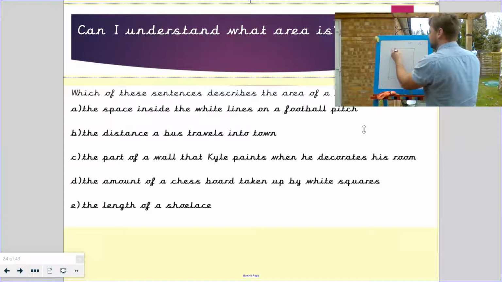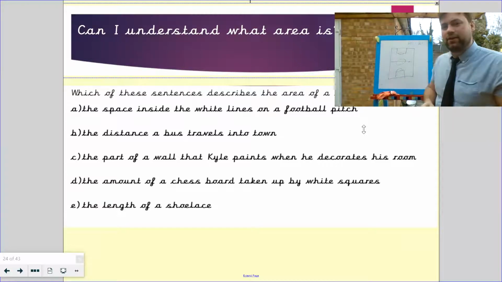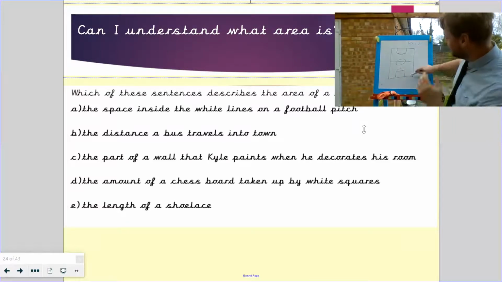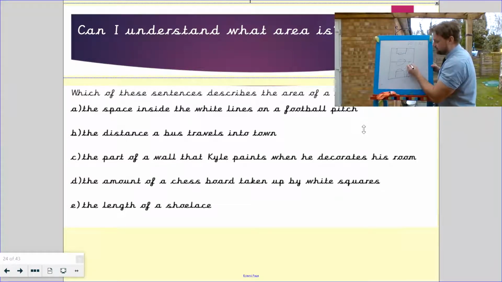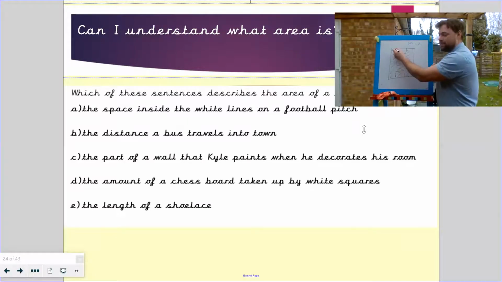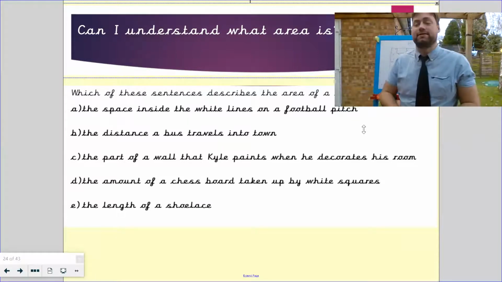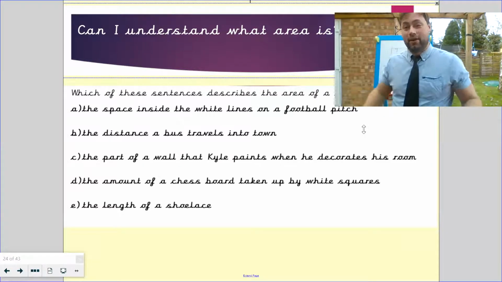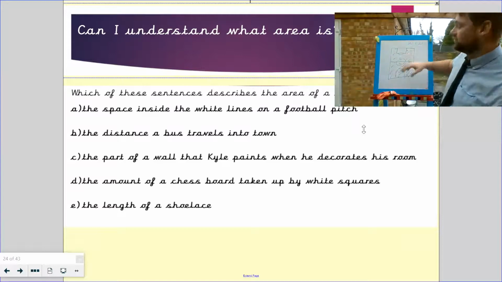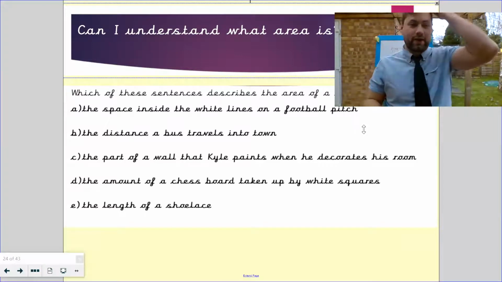These are the white lines that we see on a football pitch. Now the white lines are here, and it's saying the space inside the white lines. So it's saying all this space that is inside the white lines. Does that describe area? Yes, of course it does, because when you look down from the top view, it looks like a 2D shape. So good if you got that one correct.